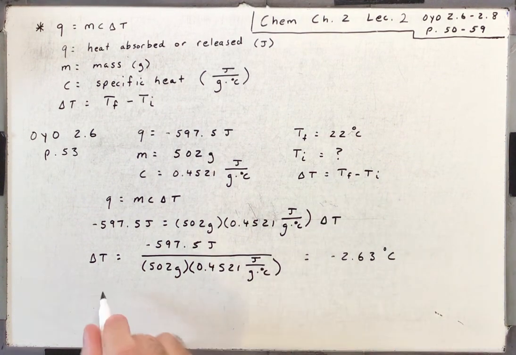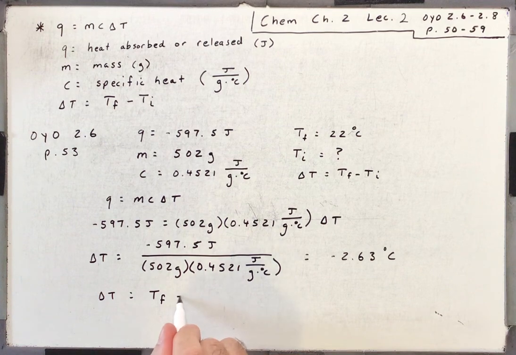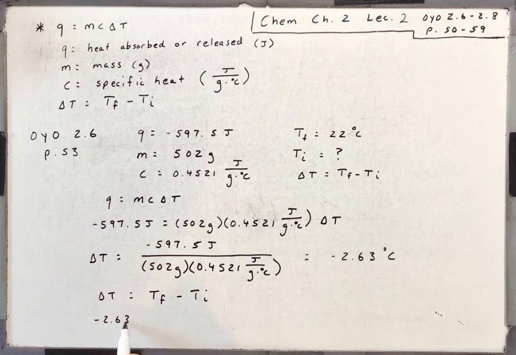Now we're going to use delta T is equal to T final minus T initial. We know T final and we know delta T. Negative 2.63 is equal to 22 degrees C, that's from the problem, minus T initial. So what we want to do is bring that T initial over to the left.